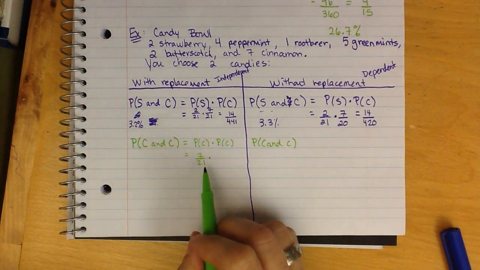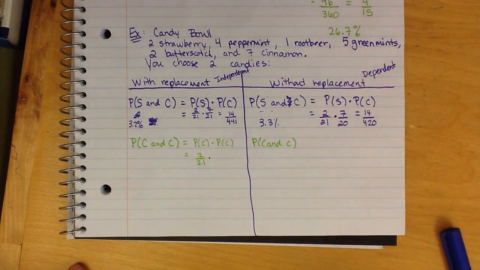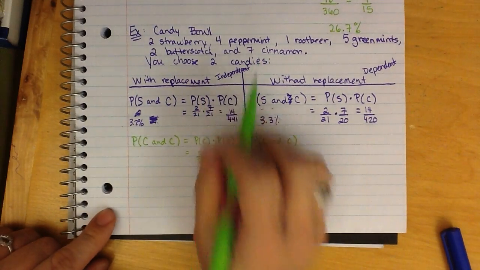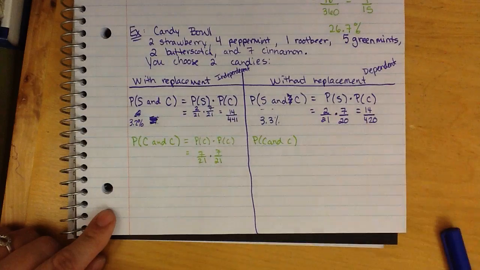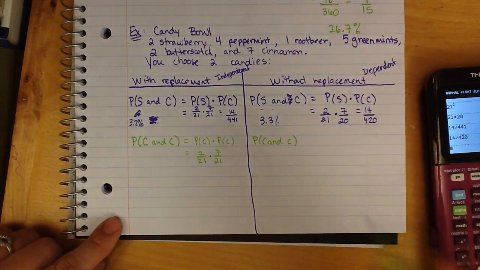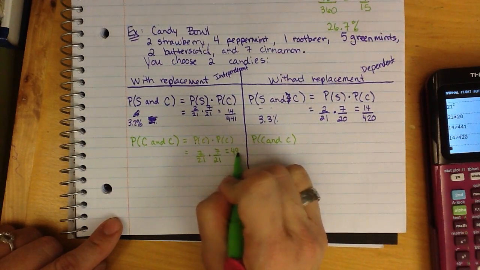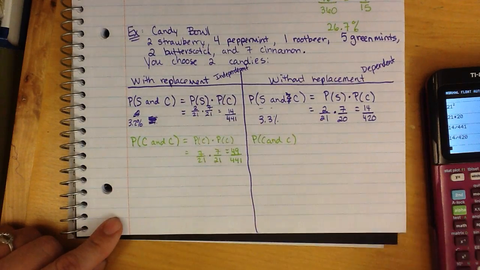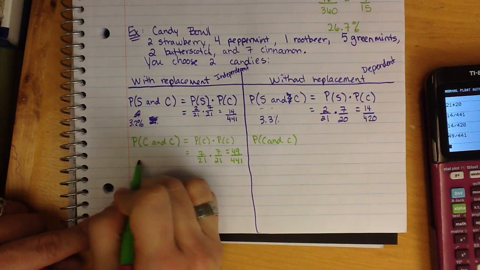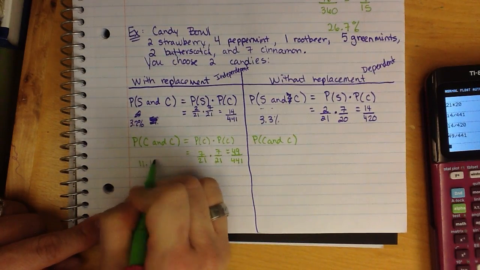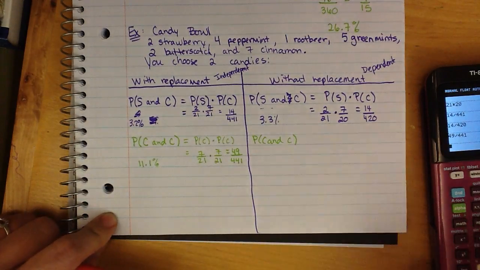Now with replacement, I put my cinnamon candy back, and so now there's still 7 in there, and there's still 21 total, so it will be 7 out of 21 again, which will give me a probability of 49 out of 441, which is 11.1% when you divide that.